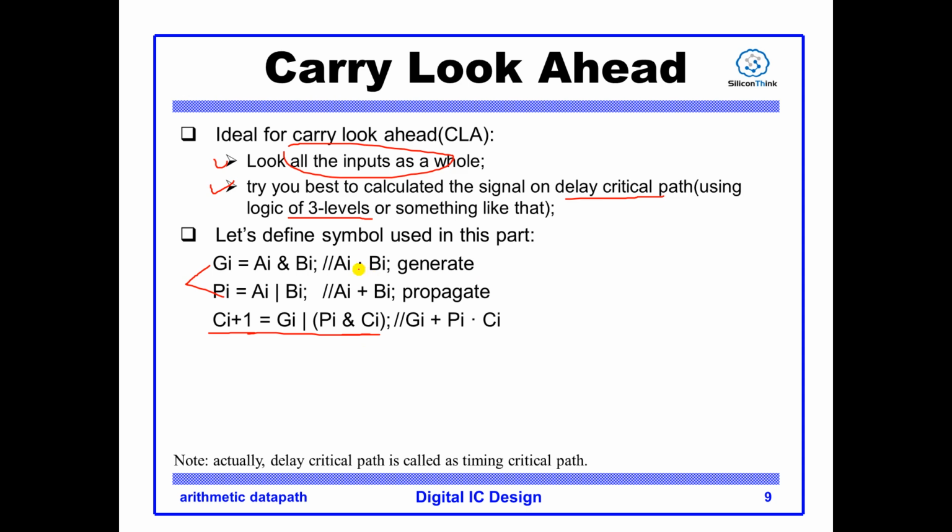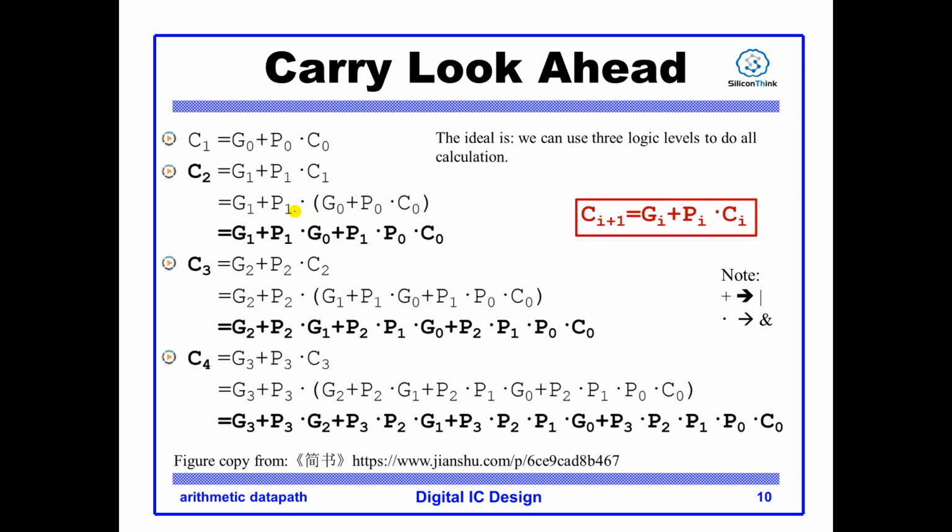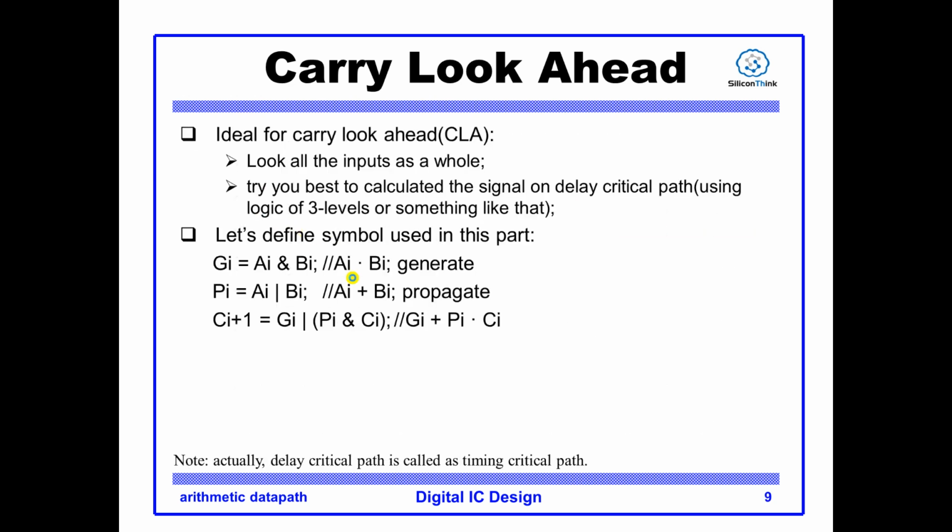But in the following picture, the symbol used to denote AND and OR is different. It uses the dot to denote the AND function and uses the plus to denote the OR function. The notation is just a little different in the following figure, so you have to notice.